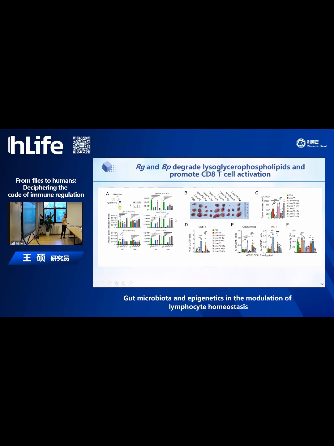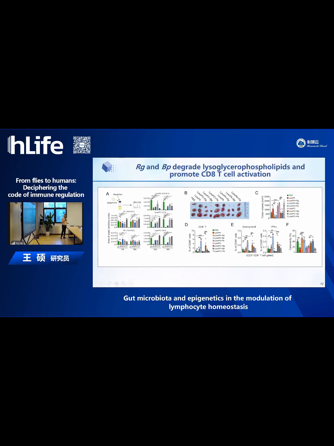We found that the Lactobacillus family bacteria, RG and BP, can directly downregulate or degrade the glycerophospholipids in the tumor and also in the in vitro assay. And this lyso-PC can promote tumor growth.